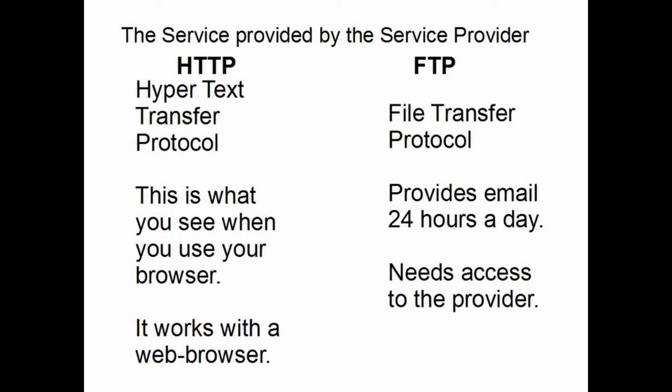What we're going to be talking about later on is Internet Explorer, since it comes installed on your computer as part of Windows XP and is the basic that is added to all of the Windows products, even with Windows 7. Now, the service provider will give you two services. The first one we're talking about is HTTP. Hypertext Transfer Protocol is the actual name of it.